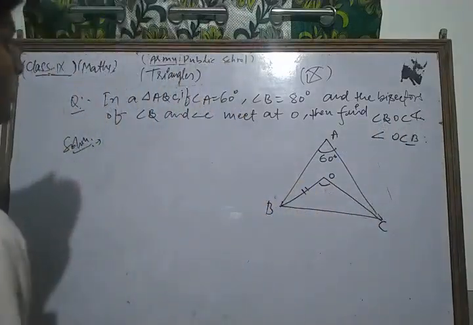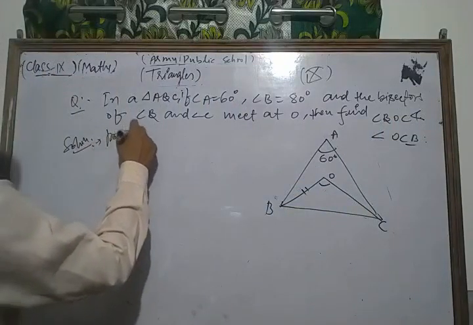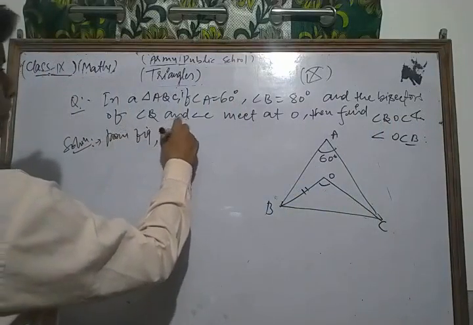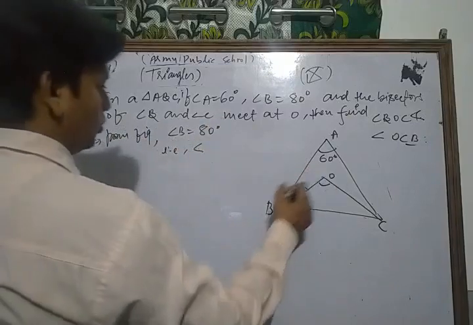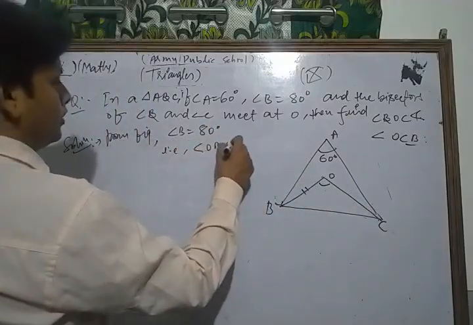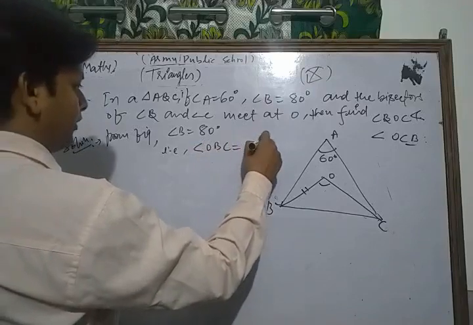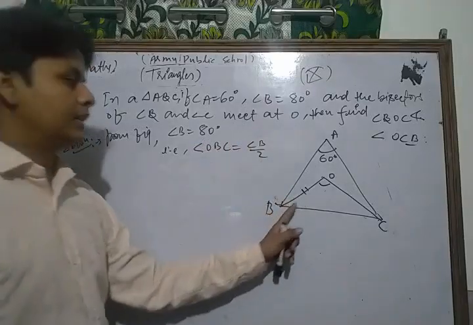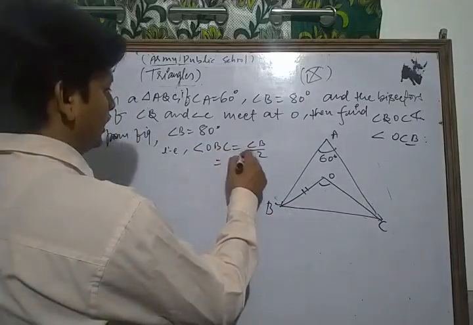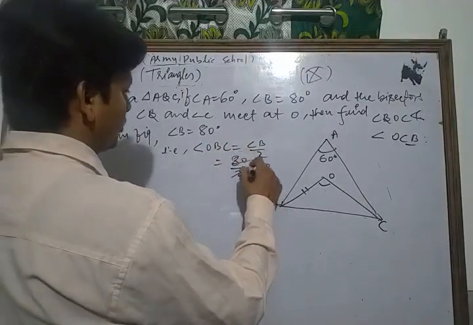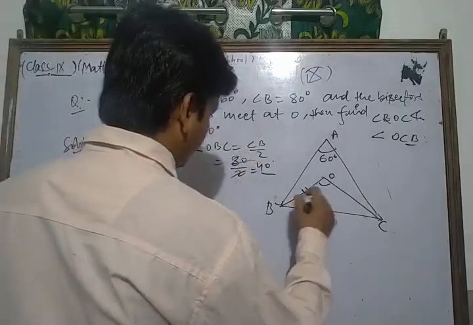Now let's see. From the figure it is clear that angle B is 80 degree. That is angle OBC is equal to half of angle B, because this is the bisector of angle B. So here we get 80 upon 2, that is 40 degree.